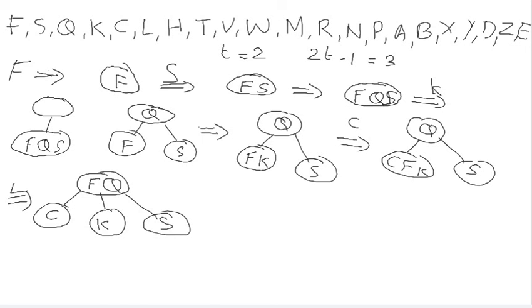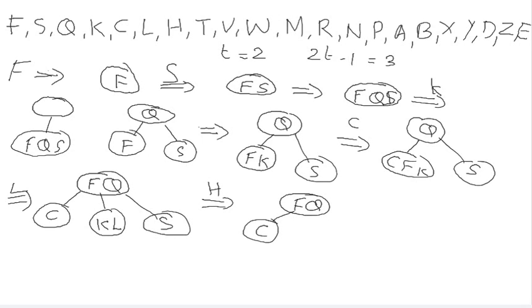Then you need to insert H. So inserting H, where will H go? H will go to the left of K. So F, Q, and you have C here, and here you have K L. So you can insert H, K, L.